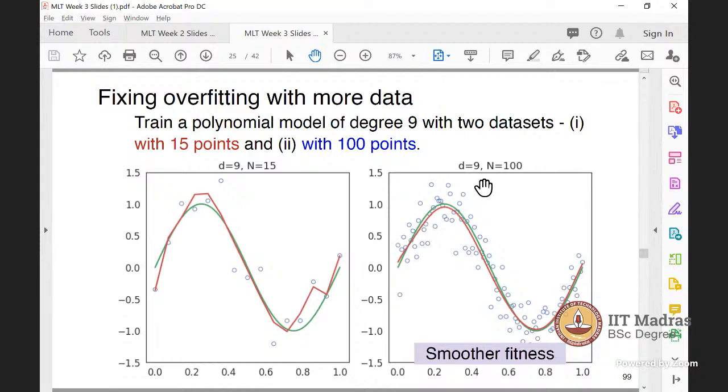The reason is the number of points: on the left, degree is 9 and the number of points is 15, so there's not a huge difference between those two. But on the right hand side, the degree is 9, but the data points are 100. So a 9-degree polynomial cannot overfit such a large data set. That's why we see a smoother curve on the right hand side.